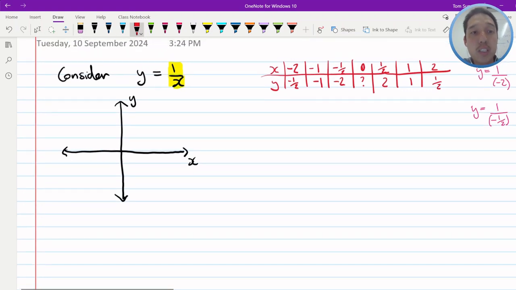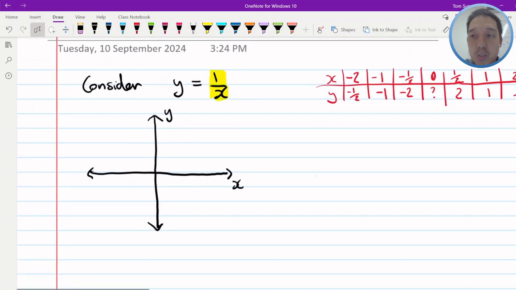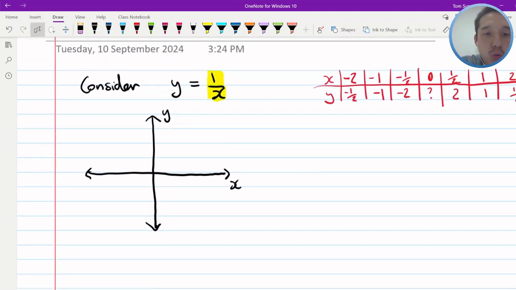Then we can plot these points onto the graph and see what the features of the graph actually look like. Here's my table of values, and now I'll plot the graph. We'll have 1, 2 on the positive side, and -1, -2 on the negative side, and ½ and -½ in between. When x is equal to ½, y is equal to 2, so we go to here.